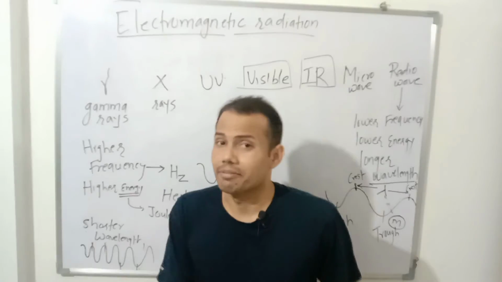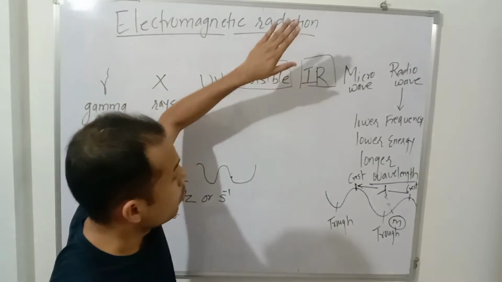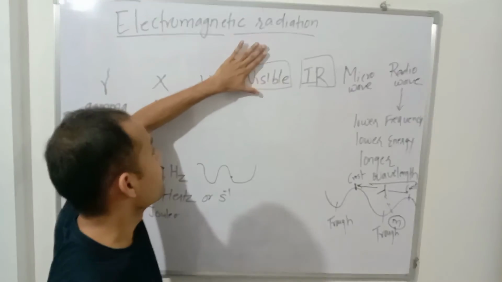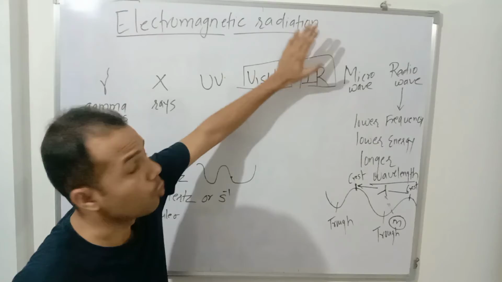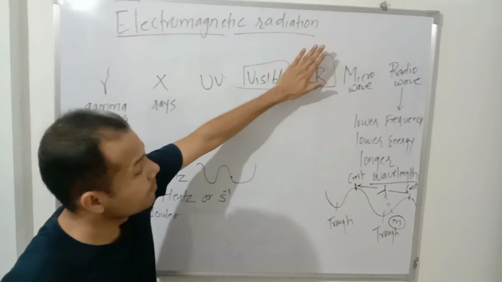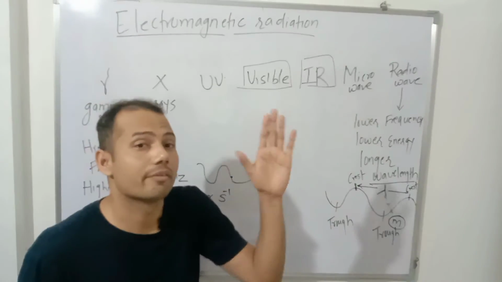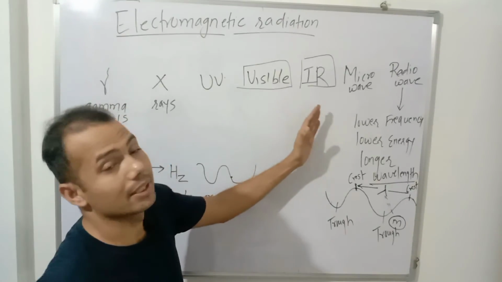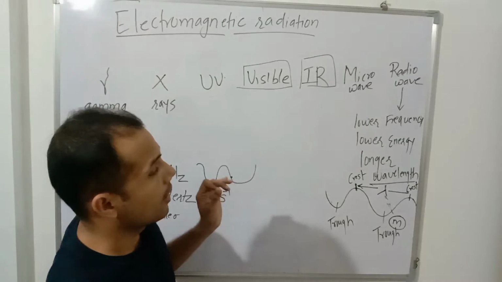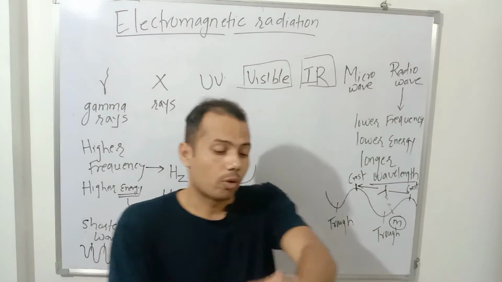If I talk about infrared radiation, it has a lower frequency as compared to visible light, as well as lower energy and longer wavelength.